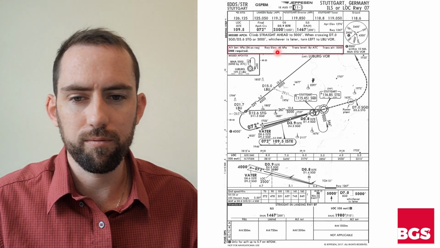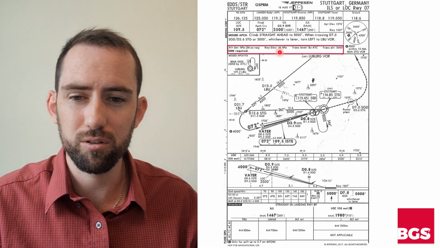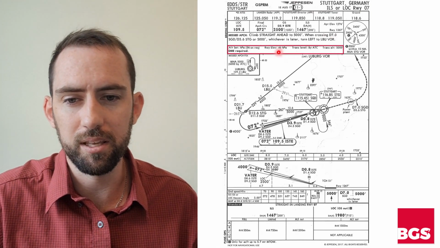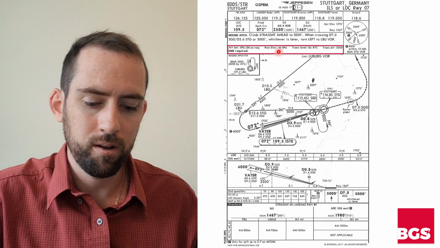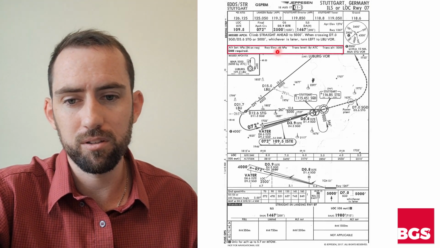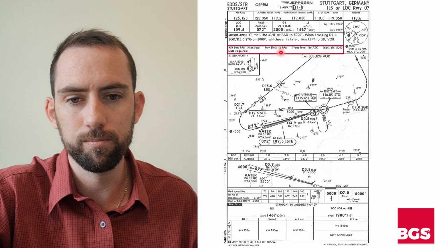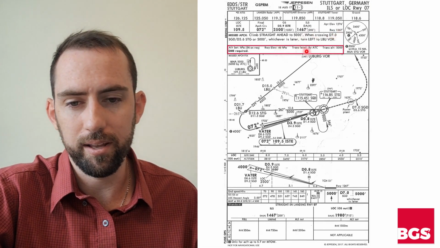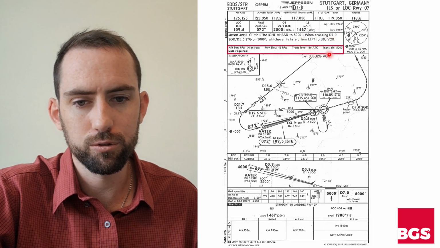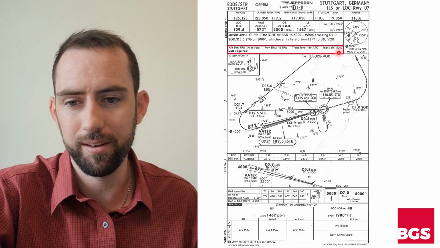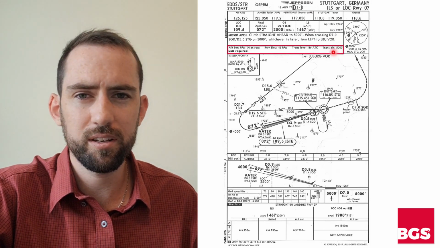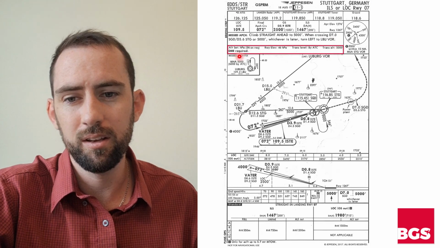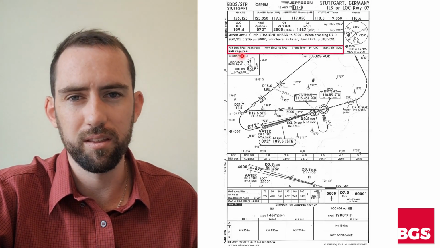If you took that 46 hectopascals and multiplied it by standard pressure lapse rates, which should be in the order of 27 feet per hectopascal, you should get your runway elevation. Now the transition level is set by ATC and your transition altitude is 5,000 feet. It's always a good idea to look out for little notes like this. We've got written in bold here, DME is required in order to fly this procedure.